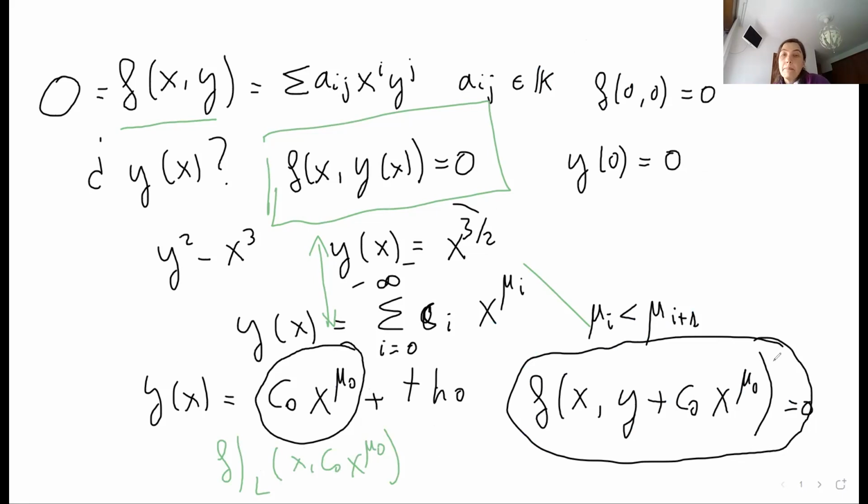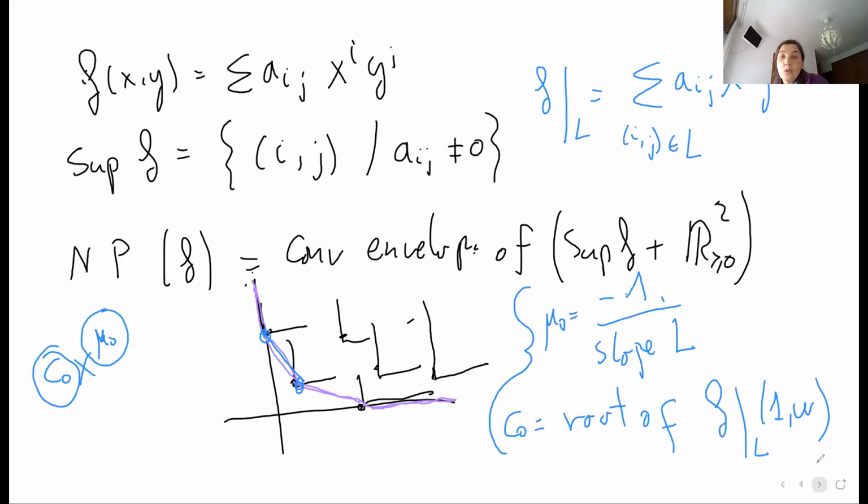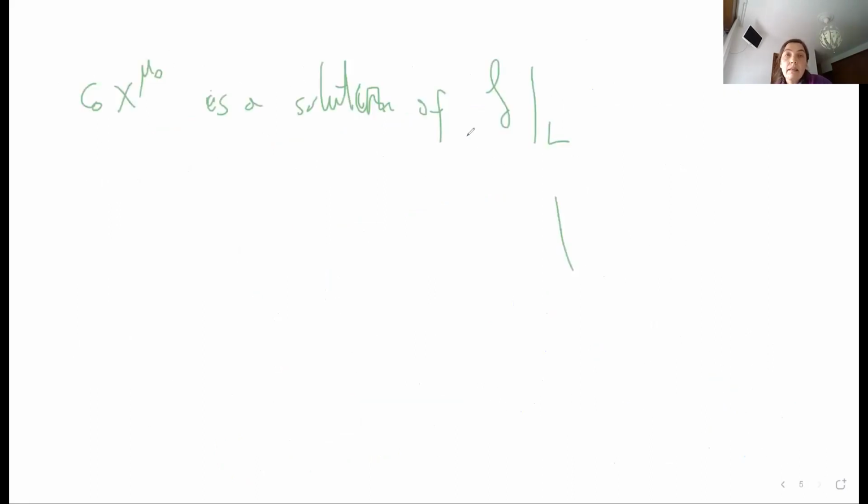I'm going fast because I suppose I'm just reviewing. Now, how do we say this, f restricted to L, in tropical language?